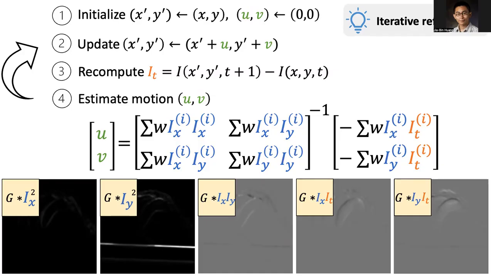So maybe it would estimate 0.5 pixel. Maybe the motion is actually 5 pixels away, but my first estimation will be just 1.5 pixel. But when I do that, I can re-estimate the IT, and then estimate this UV again. I couldn't do this in one step, and therefore I do this in multiple steps.